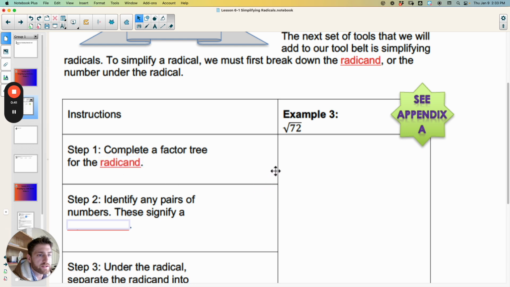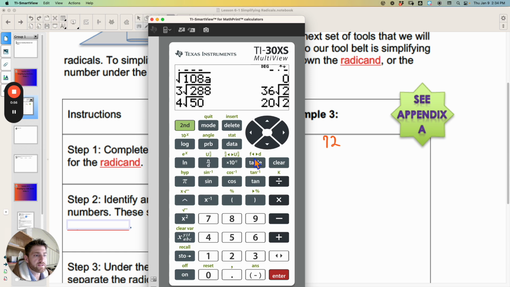So step one is to complete a fact tree for the radicand. Now, one thing that I like to do is think of what numbers will divide into this that would give me a perfect square. And the tool that I like to use for this is actually the table function in the calculator. Now some of y'all are probably thinking, oh, it looks like I could divide 72 by 2 and that'll give me 36.